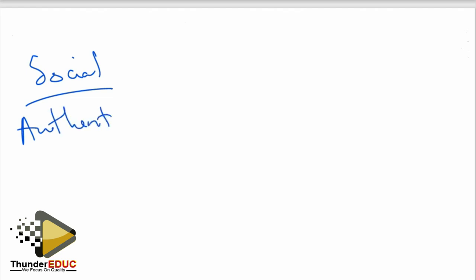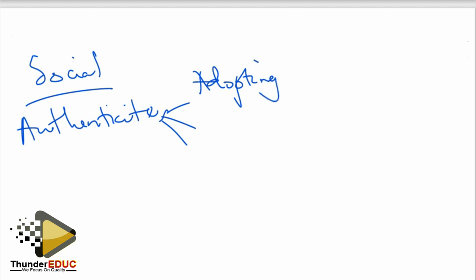Right, we go on to the last part of the essay question, which is the section on the social part of the economy of Congo. We are now looking at the social. Under social, we are going to look at the policy of authenticity. This is the major policy that we can discuss under social. Here under authenticity, it was a policy of adopting or changing Congo into a more African society.